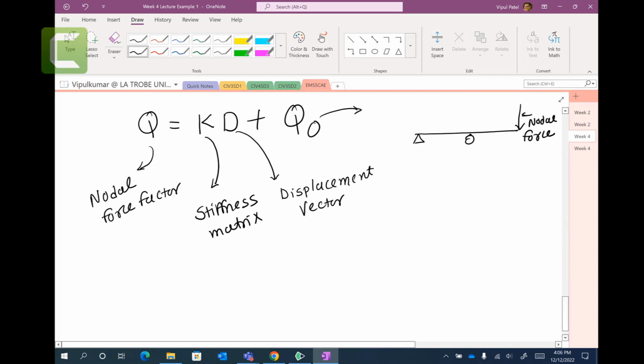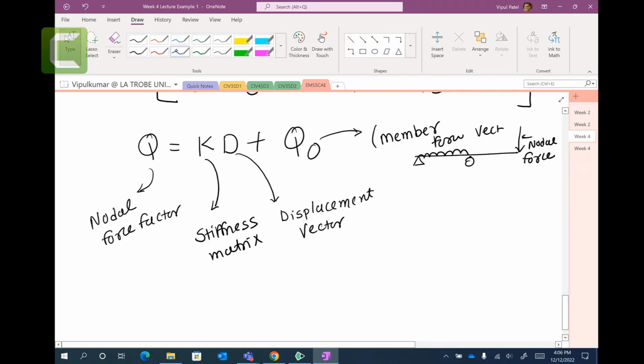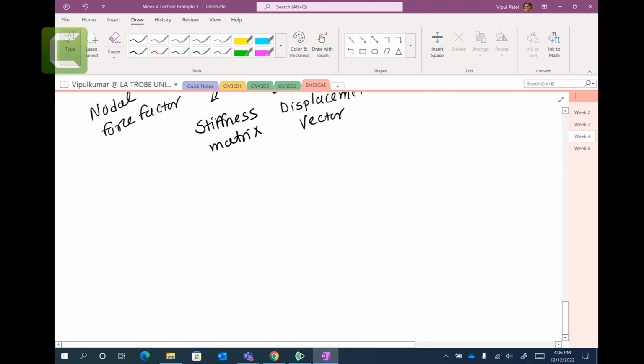And this is Q0, which is your member force vector, where you have a force coming onto the members. Now let's develop. So far we got this K. We have not got anything else. We need to find the other values.